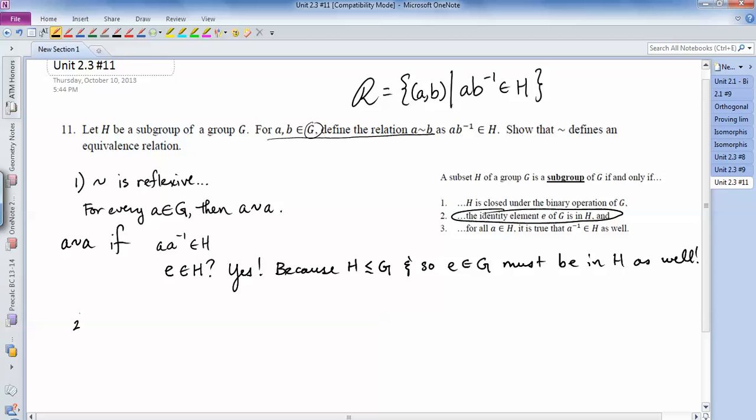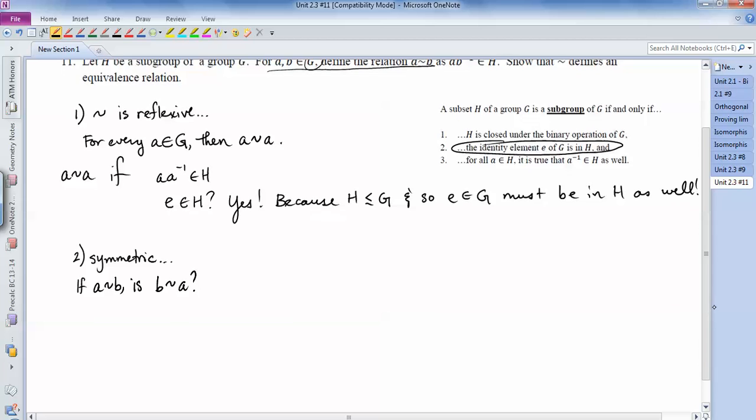Part 2, it needs to be symmetric. So if A is related to B, is B related to A?